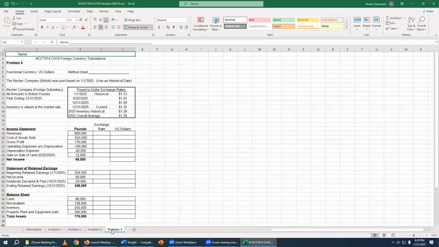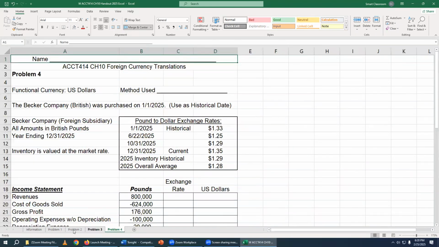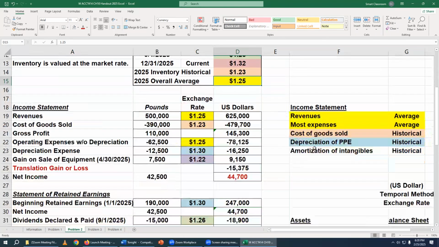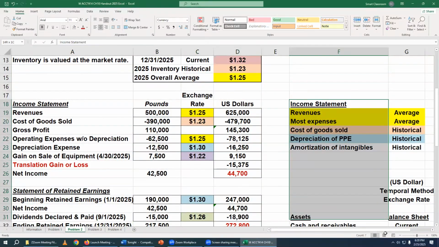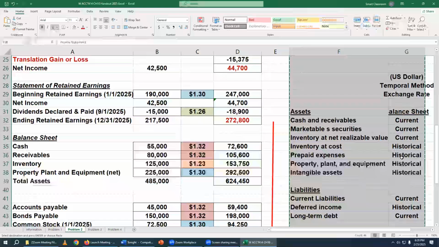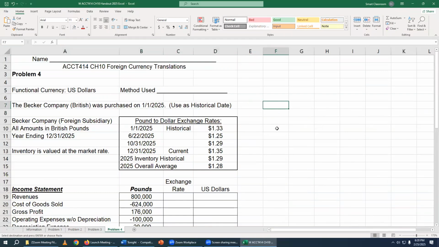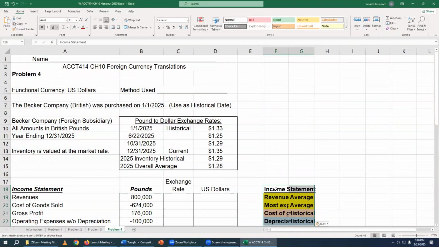Okay, let's go to problem four. And I'm gonna copy this mess over here. F18, let's go to F18.